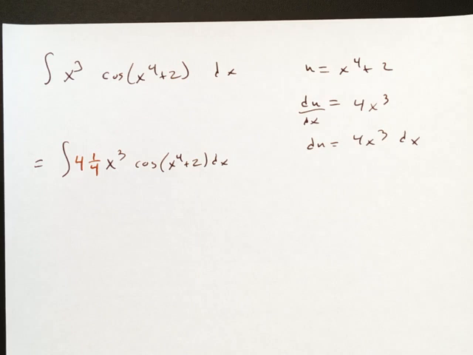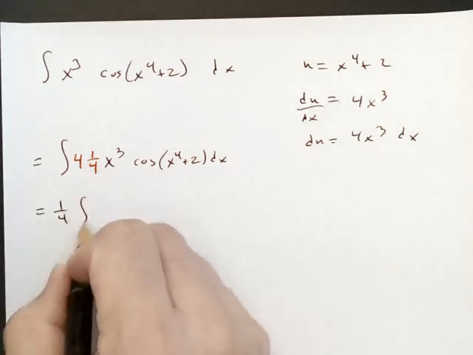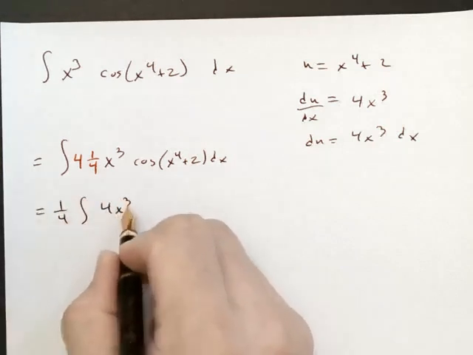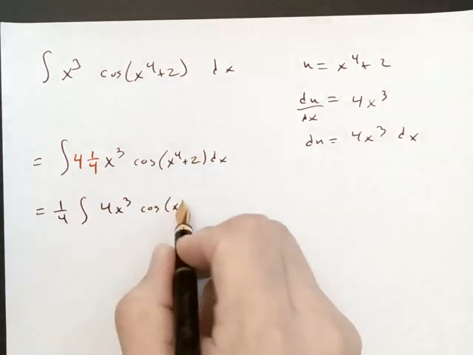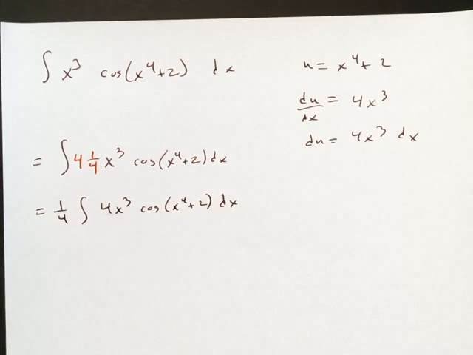I'll take that 1/4, put it out front. But now I have my du, 4x cubed dx.